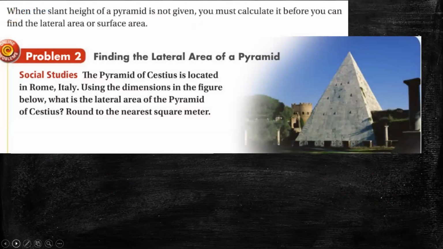Now, sometimes the slant height is not given. You must calculate it before you can find the lateral area or the surface area because we need it. Now, finding the lateral area of the pyramid. This is problem number 2. The Pyramid of Cestius is located in Rome, Italy. Using the dimensions in the figure below, what is the lateral area of the pyramid here?